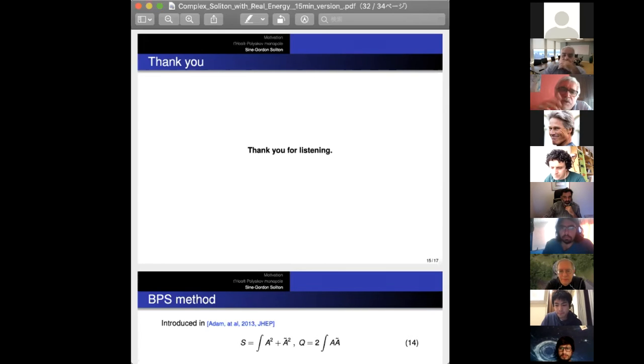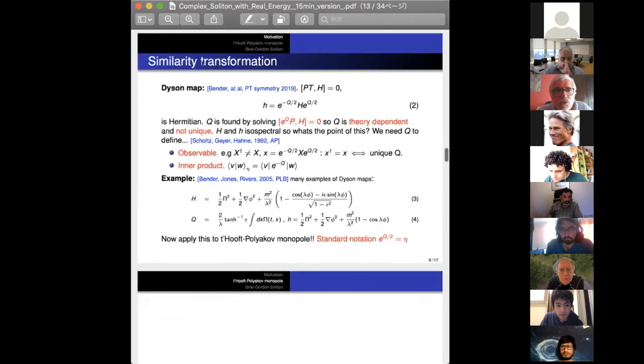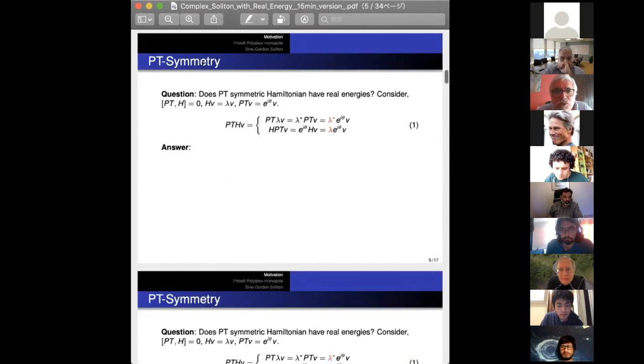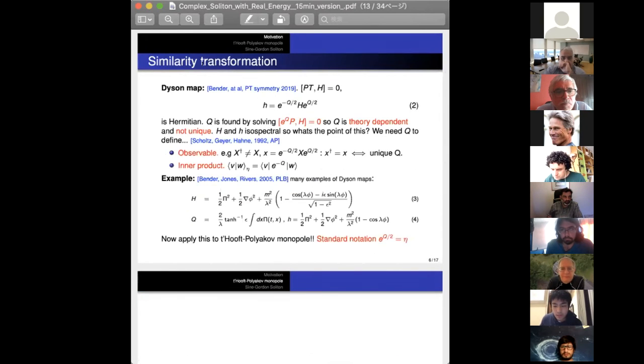Actually, I have just a naive question. The PT symmetry is always a mapping from, let us say, a complex Hamiltonian to a real Hamiltonian. So, in other words, there is always some kind of similarity transformation, or not in general? Is the question, can you always find the similarity transformation?